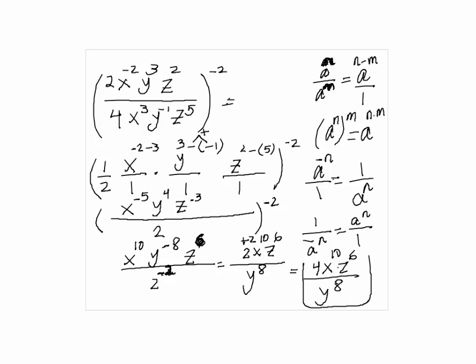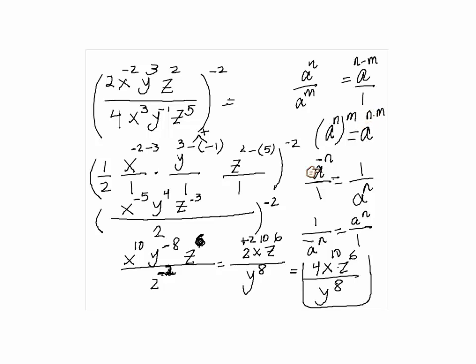That's how you simplify that. So once again, you have to remember the properties here. If I have a to the power of n over a to the power of m, that would be the same as a to the power of n minus m. You apply this property where possible. And if you have a to the power of n to the power of m, then you multiply the exponents.